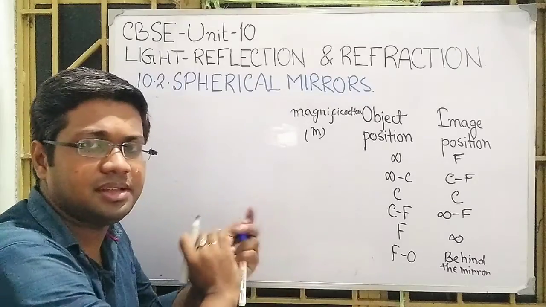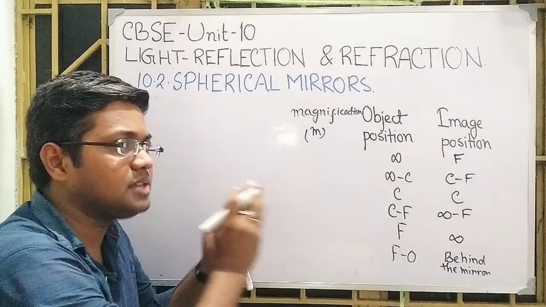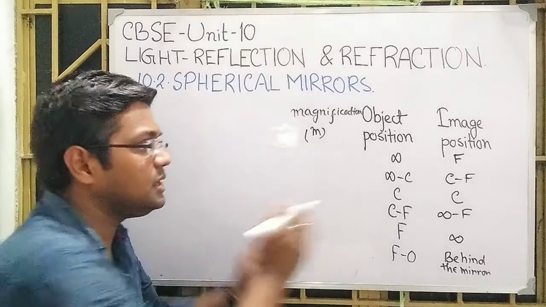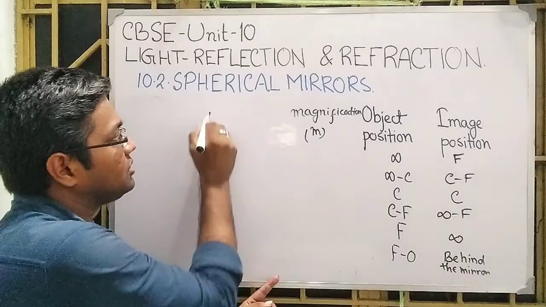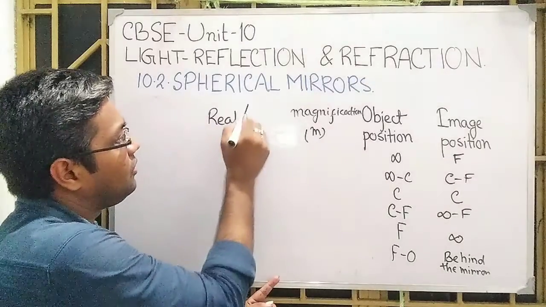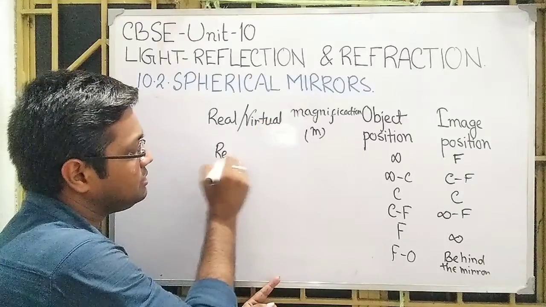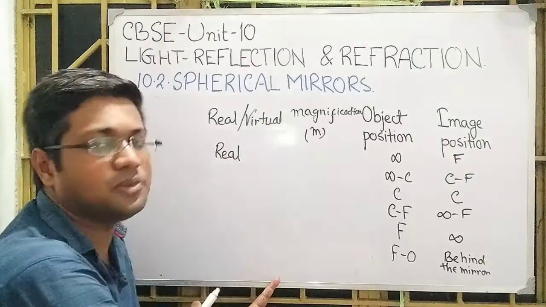Just remind this thing: if the object is placed at infinity, the image will be formed at focus. Here we will also add another column, real or virtual. The image is a real one. It is formed at the focus.